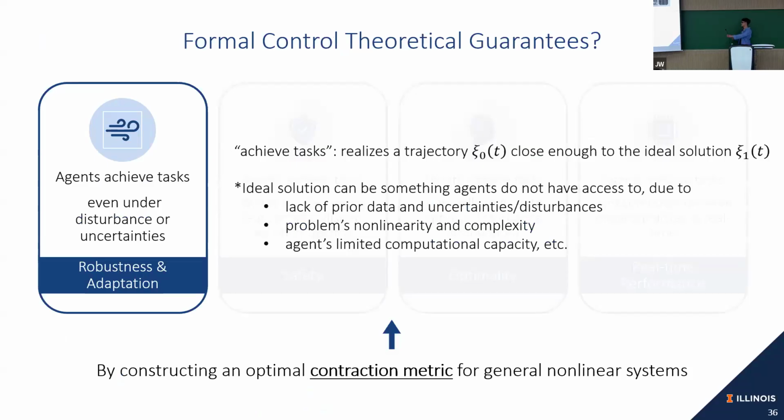So this is a super quick overview of the robustness guarantee I was talking about. Robustness is basically about the fact that even when your system is perturbed, the distance between the ideal system and the non-ideal system will be bounded forever.